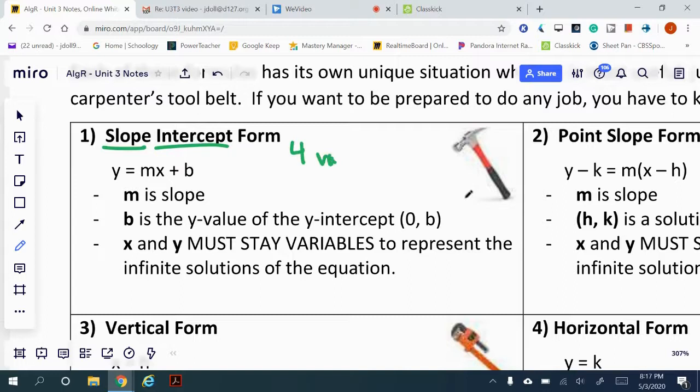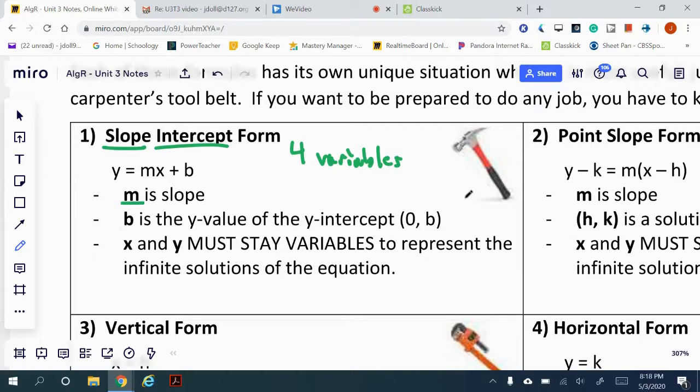Notice there are 4 variables here, right? 4 variables that we've got to understand what they're telling us and what to do with them. The first one is m. That is going to be slope. Why in the world m is the variable for slope? I don't know. I didn't make it up. Some guy did that's probably been dead for a long time, so you can't even complain to anybody. It is what it is. That's what we're going to be stuck with. But whenever you see the variable m, that's almost always going to be your slope variable.